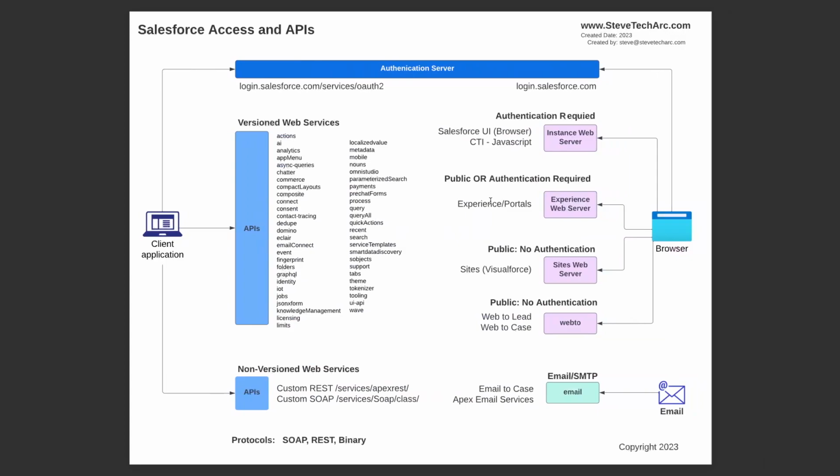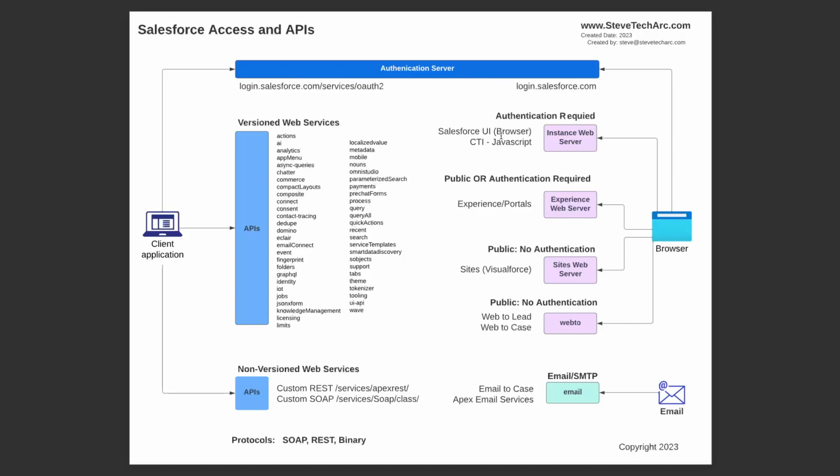So if we look over here, this is my diagram for describing how you would reach into Salesforce Core. From a browser on the right-hand side, you would first authenticate at login.salesforce.com for production. Your browser would receive a session token, and then you would be able to access your instance web server.